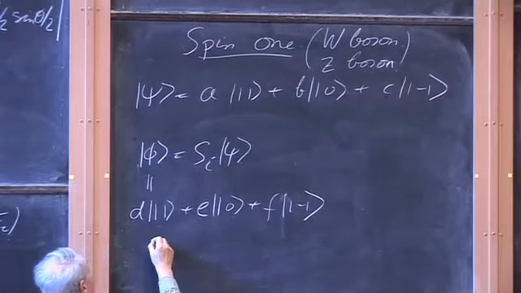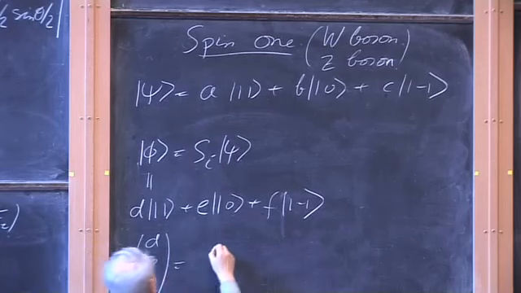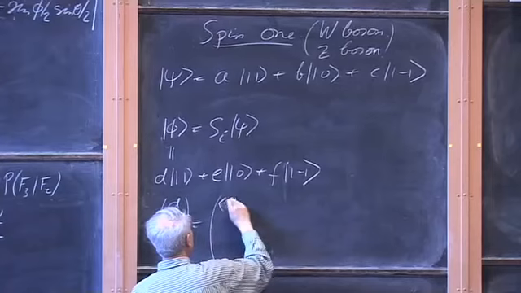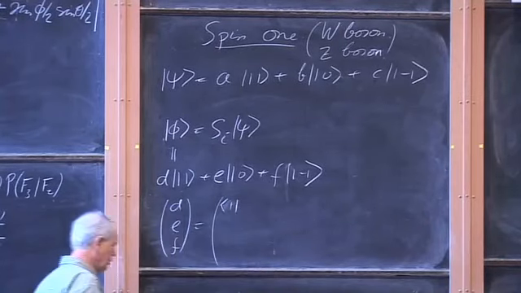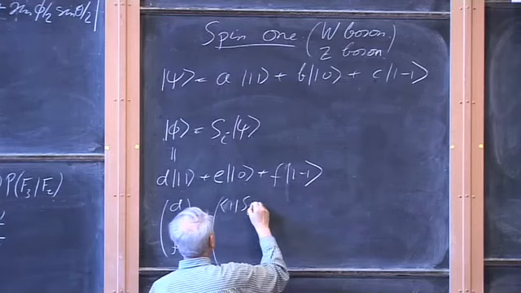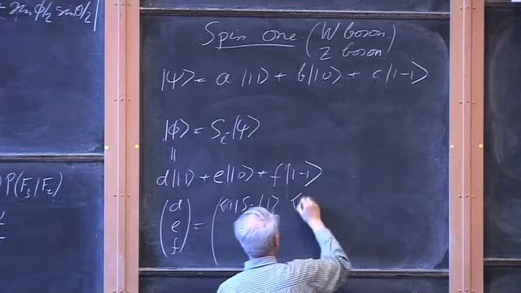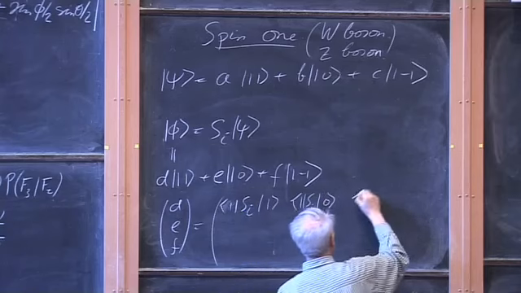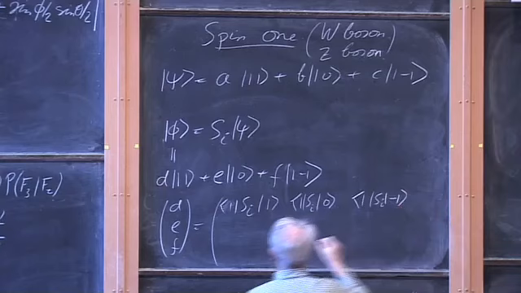We will have that D, E, and F are equal to a matrix, in which we leave off the total angular momentum quantum numbers. So let's just call it <1|S_i|1>, then <1|S_i|0>, then <1|S_i|-1>, and so on and so forth.